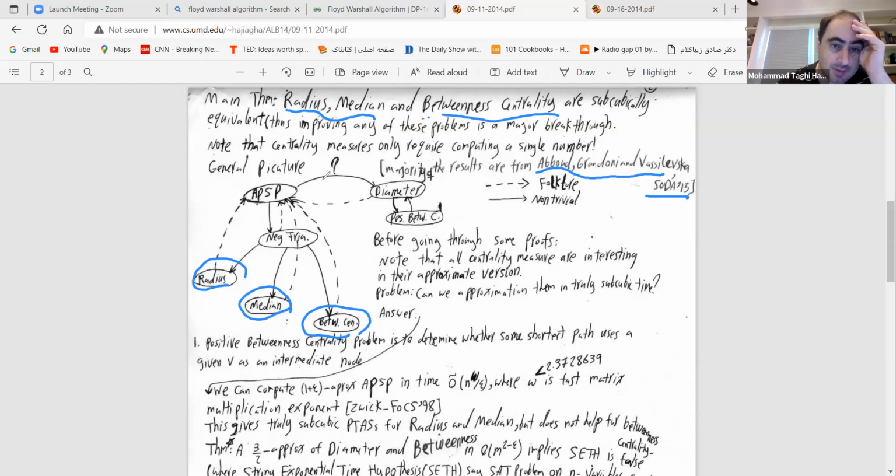Some of these are non-trivial. This is the main open problem: if you can solve diameter, can you find all pair shortest path? That we don't know. But for other problems, for example, radius, median, or betweenness centrality, if you can compute this, then actually you can compute all pair shortest paths.